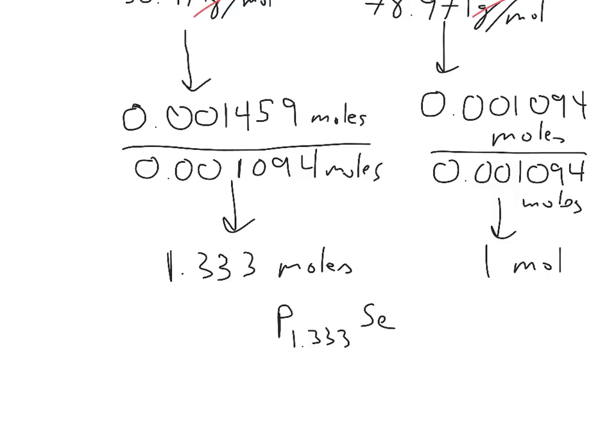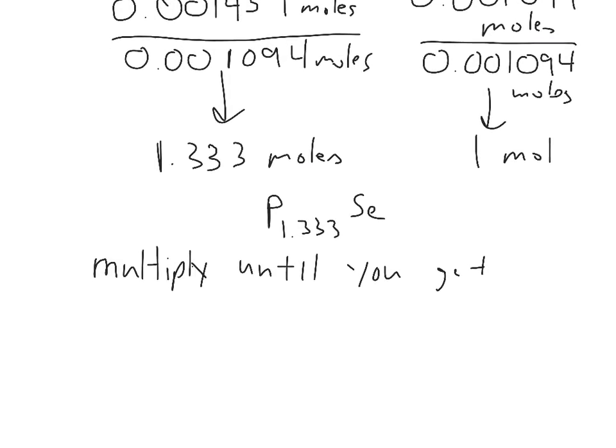So what you do is you multiply until you get a whole number. For example, let's just say we've got that 1.33, we multiply it by 2.